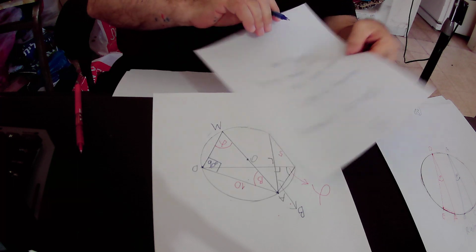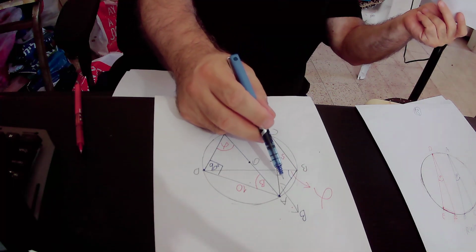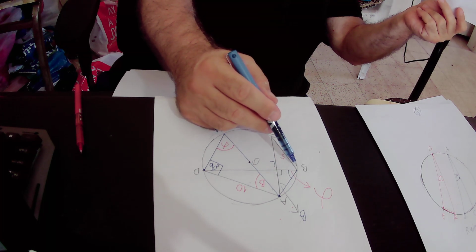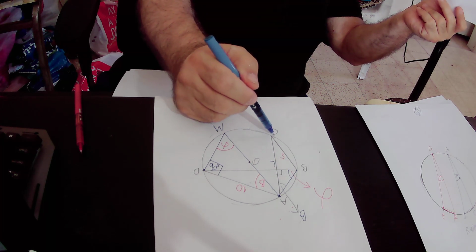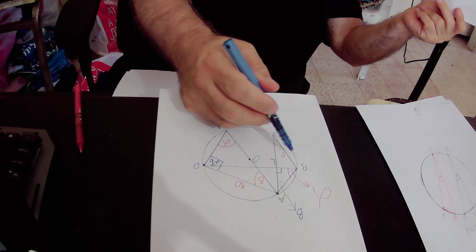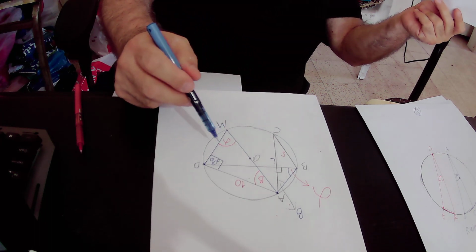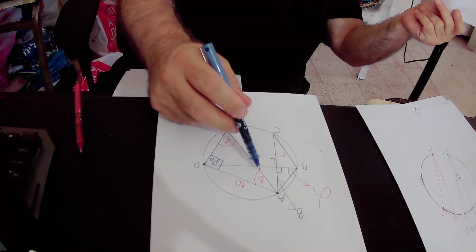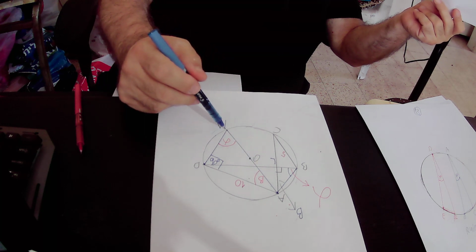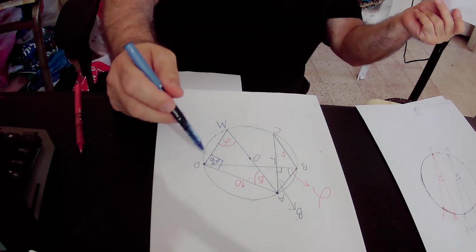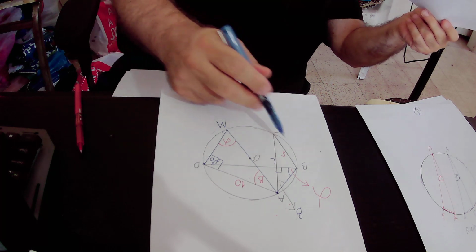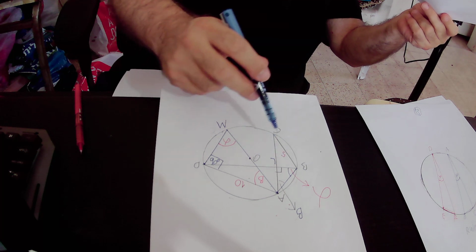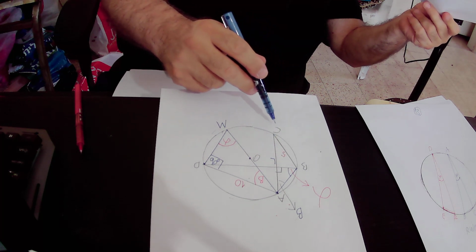Because this angle is angle beta and this angle beta rests on chord BC, this chord BC will be equal to the chord that this angle beta rests on, and this angle beta rests on chord MD. So BC equals MD because equal peripheral angles rest on equal chords.